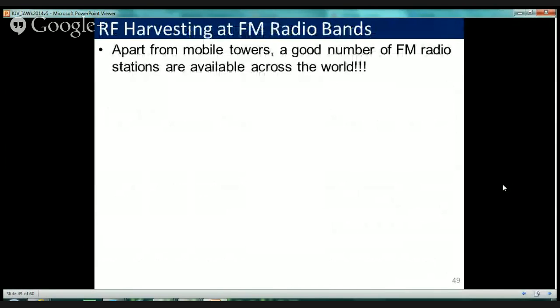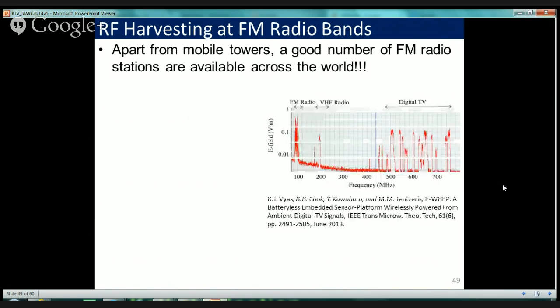Apart from GSM or LAN kinds of schemes, it's also possible to harvest from FM radio signals, which are again available across locations. Looking at the spectrum, there is substantial field density available at the FM bands. I guess it is true almost everywhere.